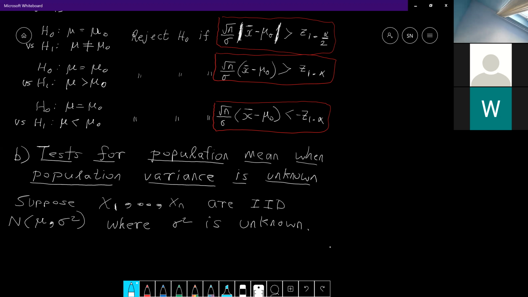You assume you have a random sample from a normal distribution where the population variance sigma squared is unknown.